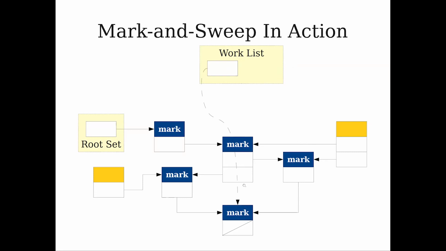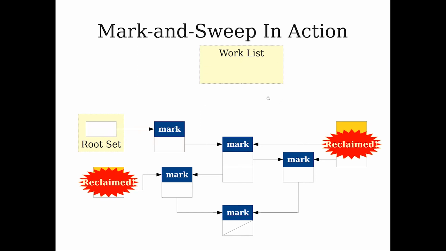Now there is nothing, the object is already marked, so you just remove it from the work list. At this point, you can see that whatever is reachable from the root set is already marked. These two objects, even though they themselves refer to others, there is no way you can reach them using the root set. So these will be reclaimed.